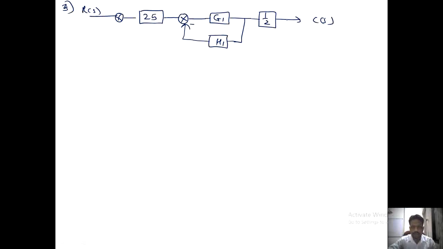Then there is one more feedback signal of 1 to the first summing point with a negative sign.